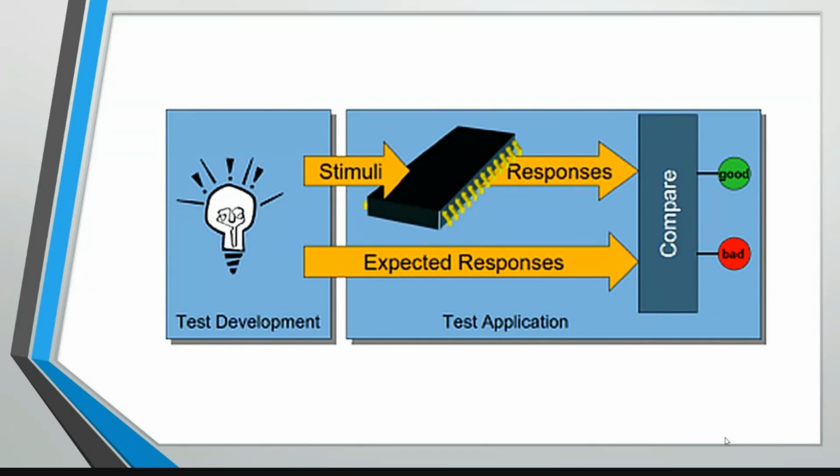To be very clear on DFT and to help you understand what DFT does in a very short explanation: during manufacturing and after manufacturing, DFT is going to help identify the faults or the manufacturing issues.